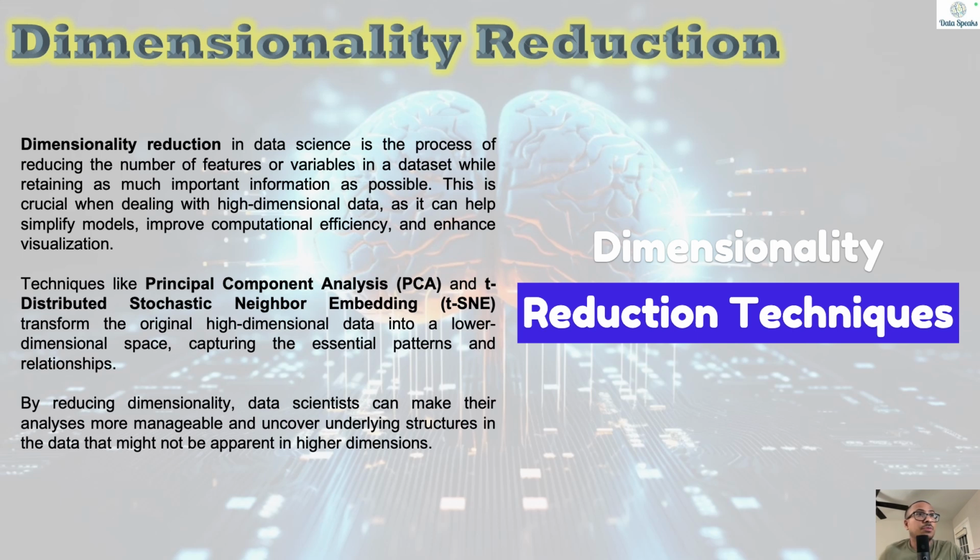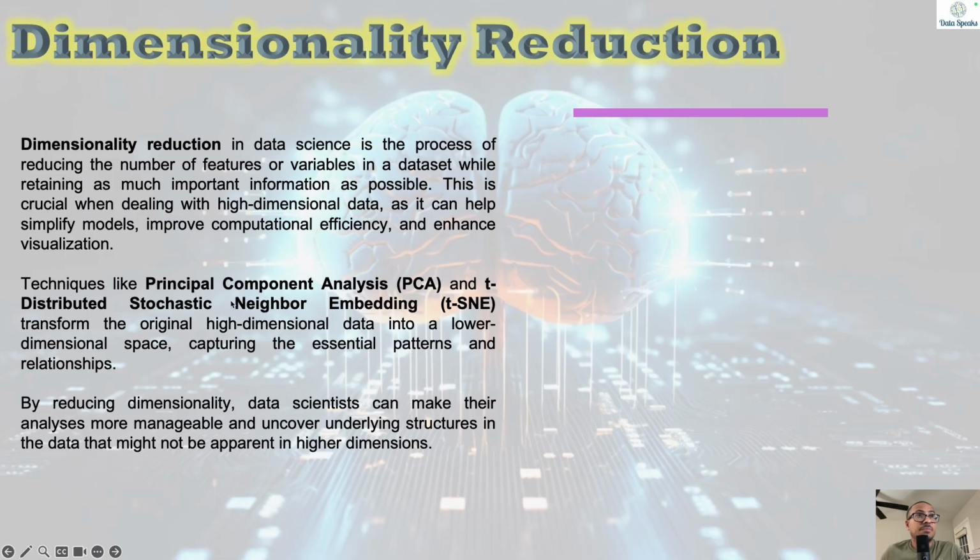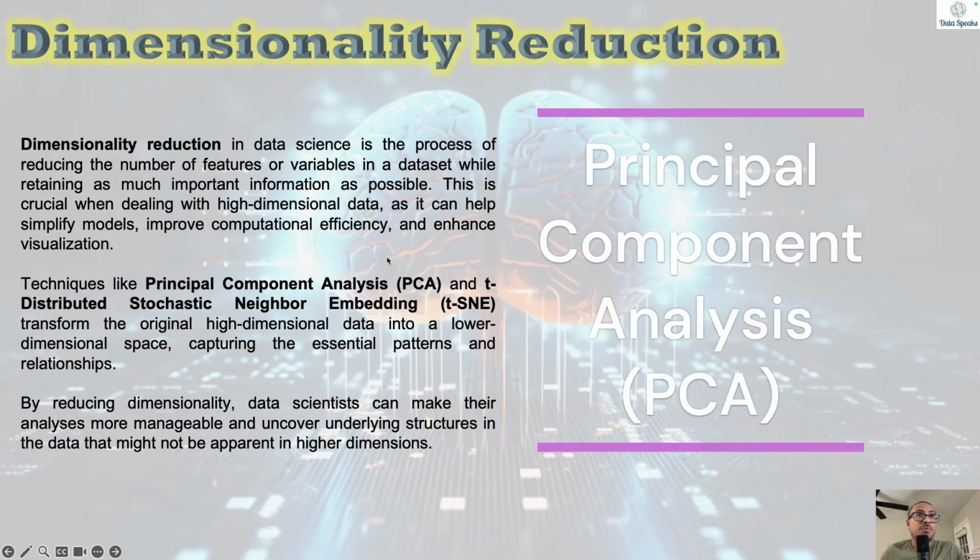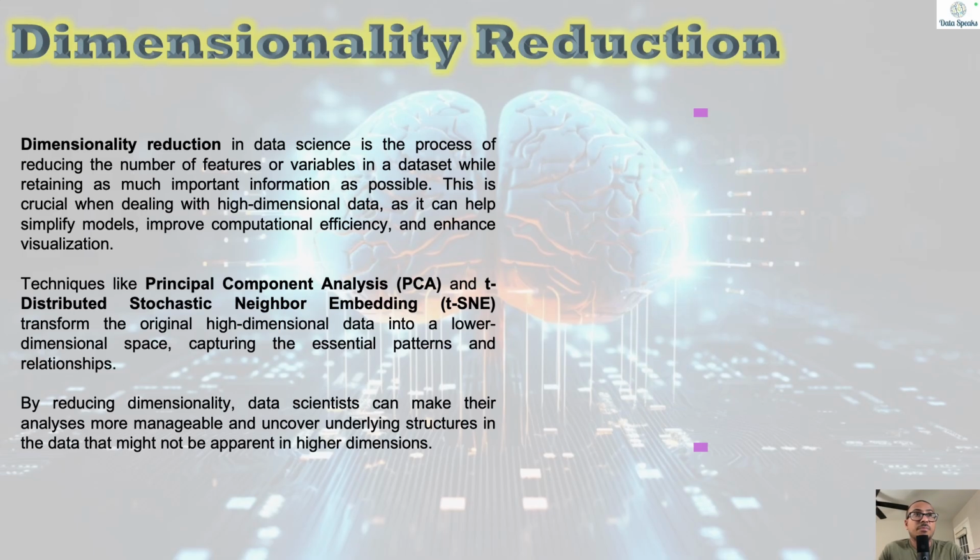One of the most popular techniques of dimensionality reduction is principal component analysis. Principal component analysis, or PCA, helps us to reduce the dimensions while retaining most of the information from the data.